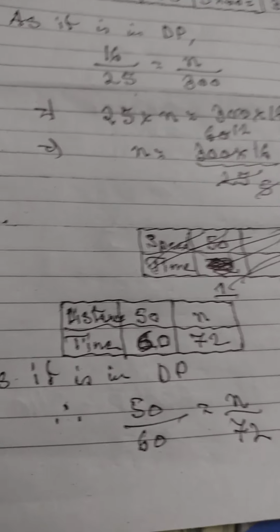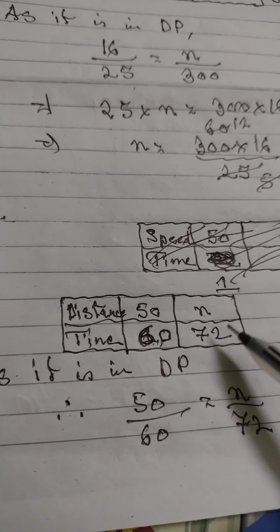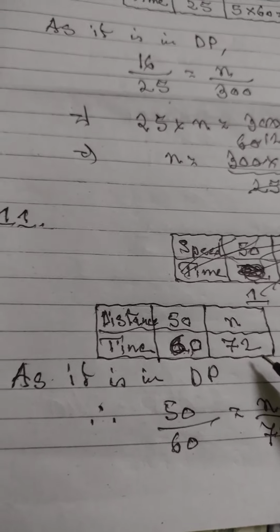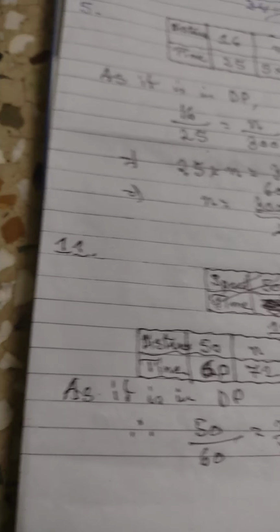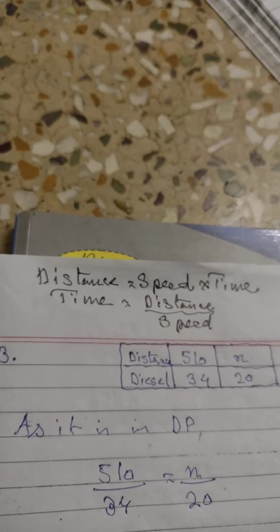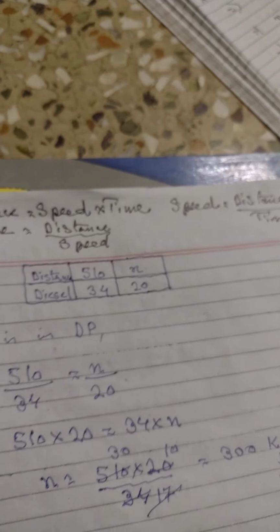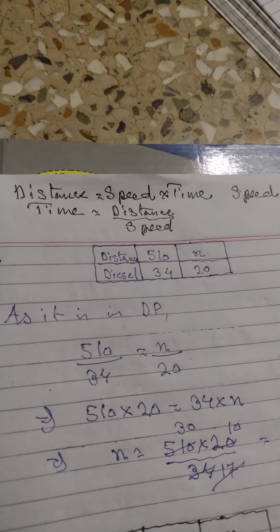Okay, so in this question I have converted the time 1 hour is equal to 60 minutes, that's why it becomes 60, and this is 1 hour plus 12, so 60 plus 12 is 72. Okay, so I hope that you have understood this exercise, and these three formulas: distance is equal to speed into time, time is equal to distance by speed, and speed is equal to distance by time. So rest of the sums you can solve by yourself.